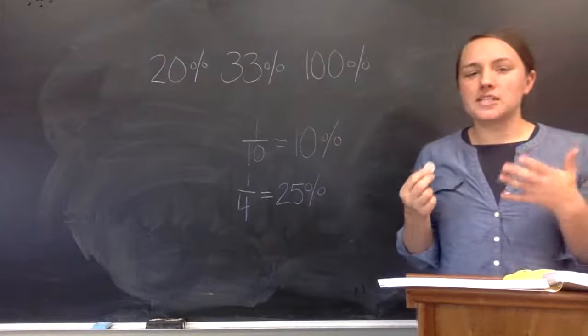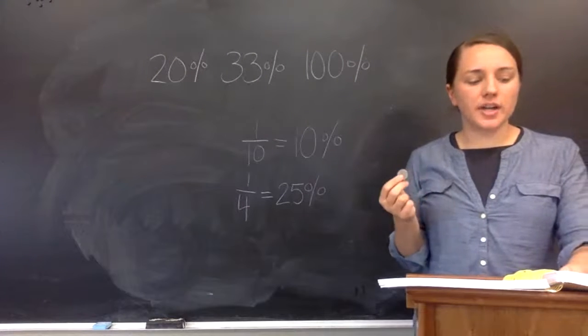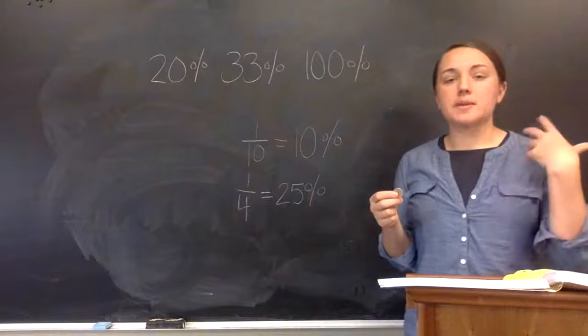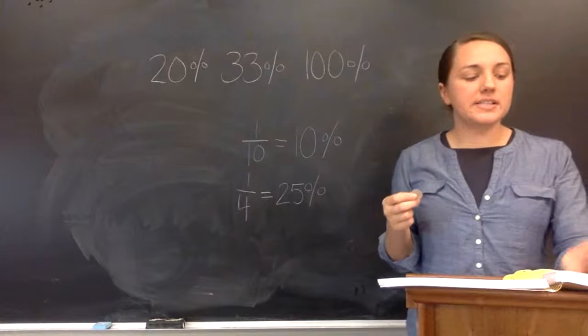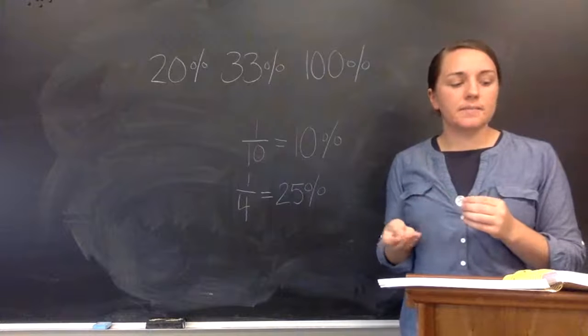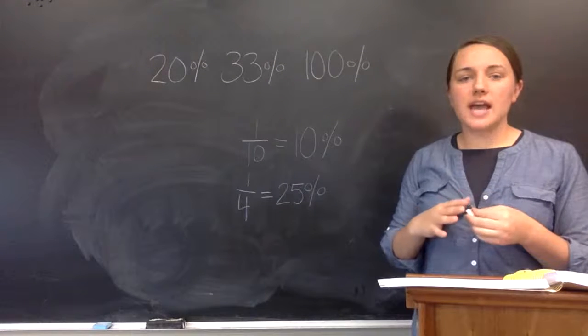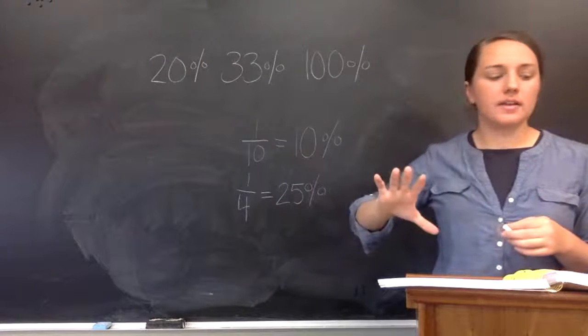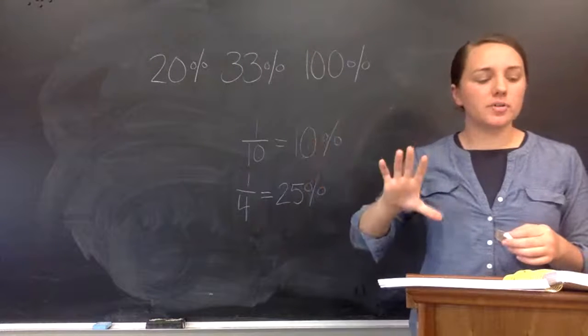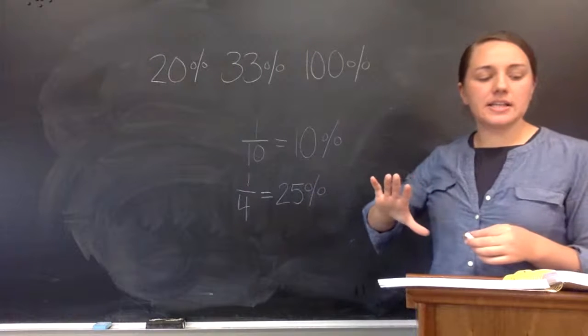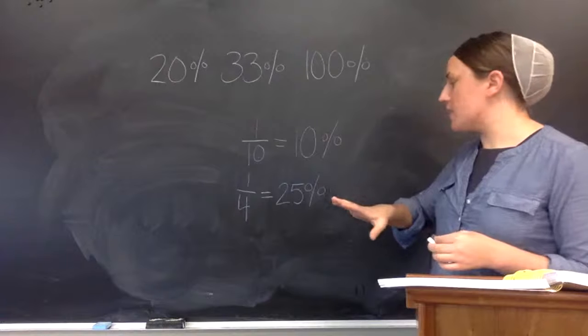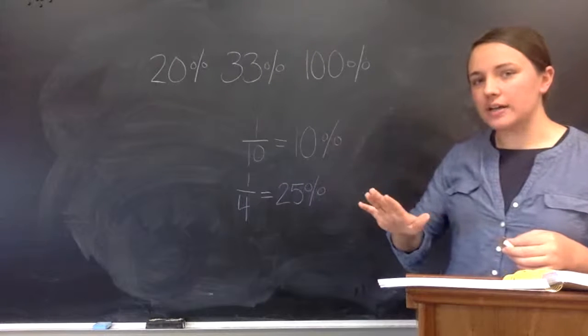Now, the word percent means per hundred. So when we say percent, what we're saying is that the whole thing would have 100 parts, and the percent is a part of that 100.